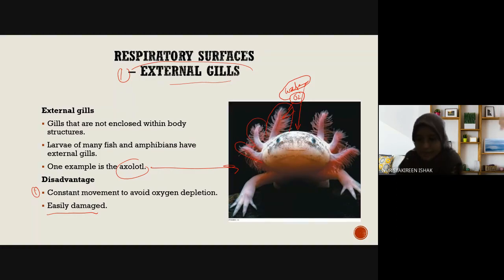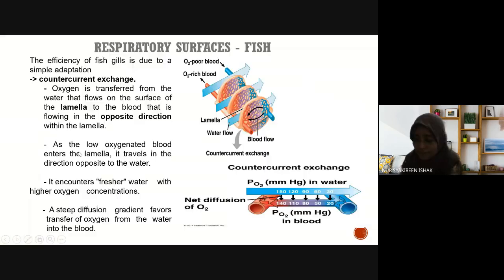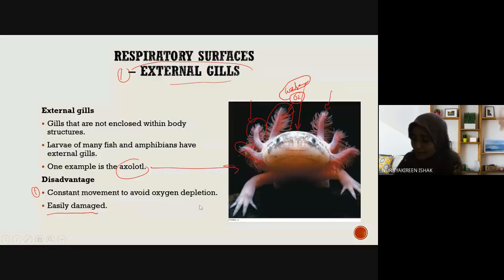So whoever keeps an axolotl, make sure you really take care of this animal. Because the external gill is really fragile, okay, easily damaged. These are not like ordinary feathers. These are gills. Okay, so the animal depends on the gills to make sure that oxygen is continuously supplied for this animal. Okay, for the axolotl, for example.